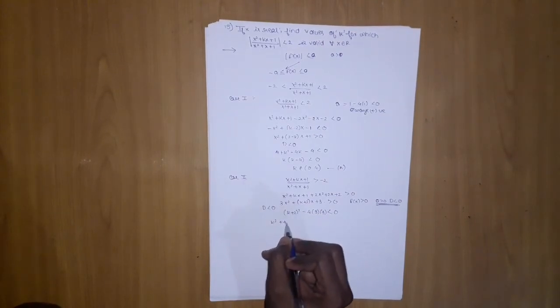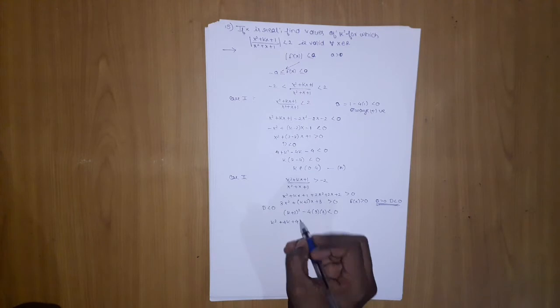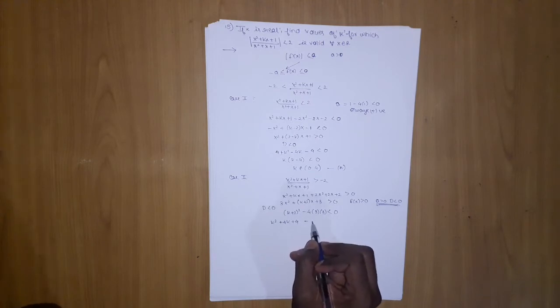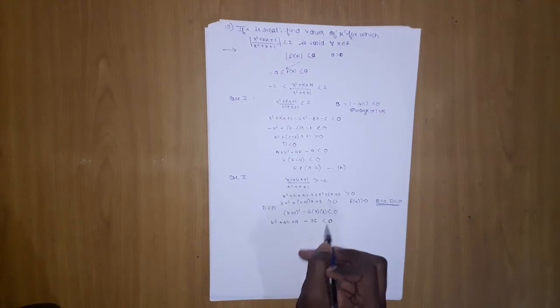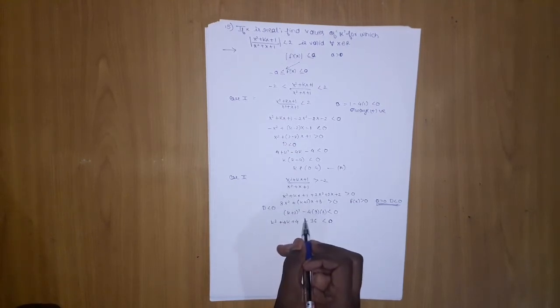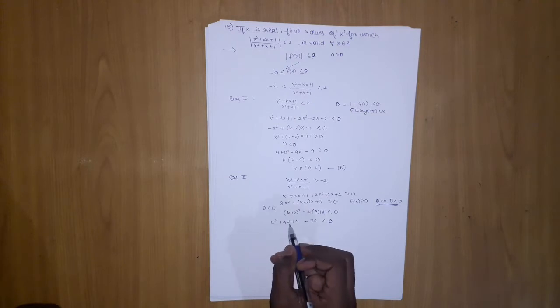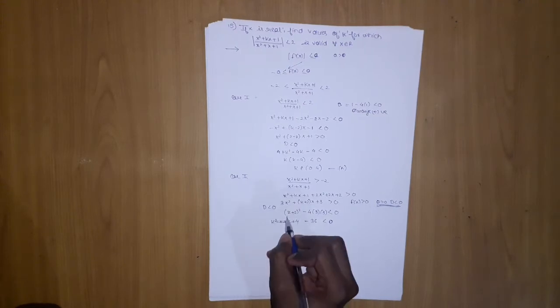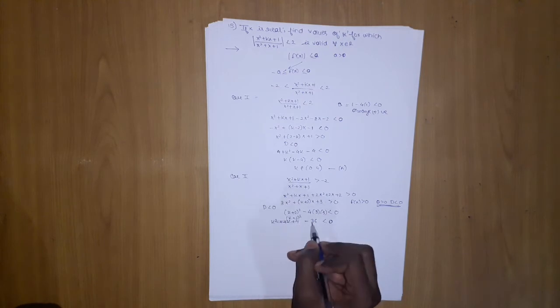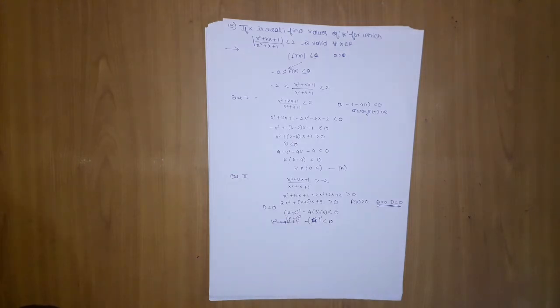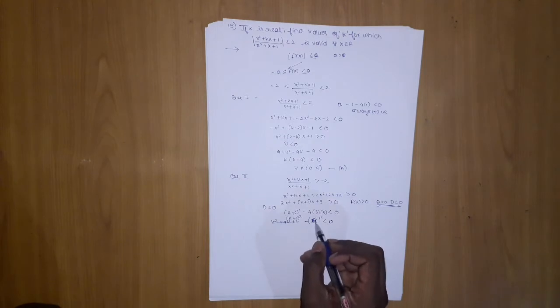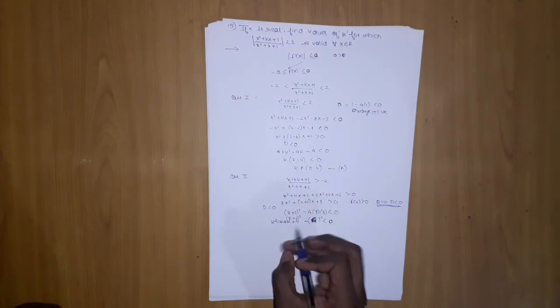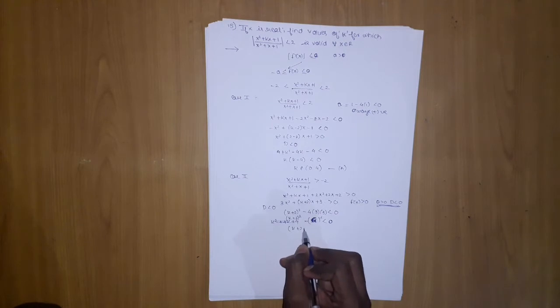Now what we get? k square plus 4k plus 4 minus 36 less than 0. Now if I apply a square minus b square, rather than doing this, (k plus 2) the whole square minus 36, 36 will be 6 square, so it will make my calculation easy.